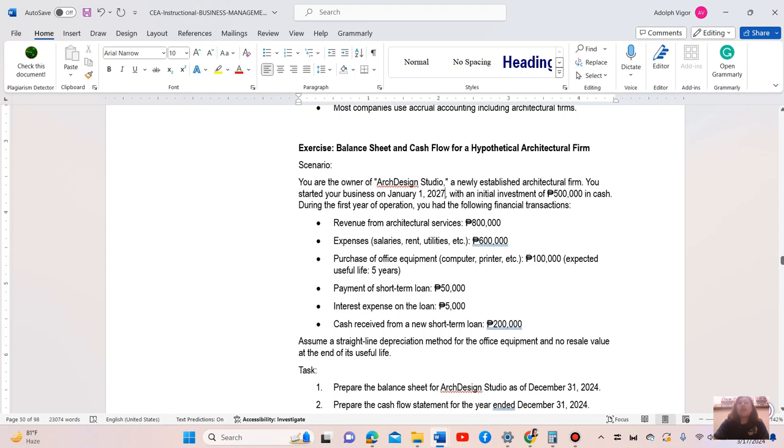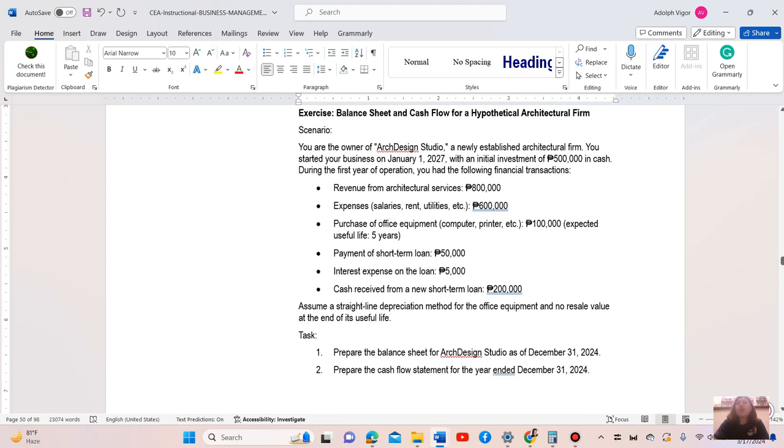So during the first year of operation, you had the following financial transactions. You have a revenue from architectural services of 800,000. You have expenses of salaries, rent, utilities, etc. of 600,000. You purchase office equipment such as computer, printer that total to 100,000, no?